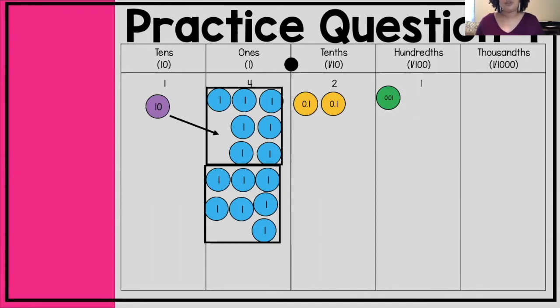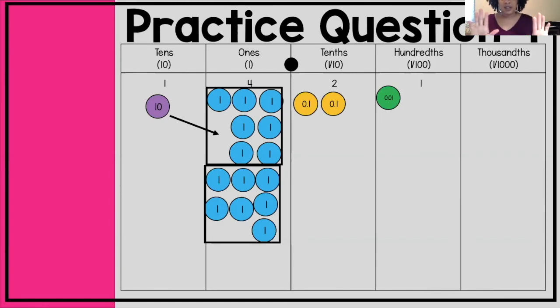Now let's move over to the tenths place. Can I make a group of 7 in the tenths place? Why not? Right, because I only have 2. I don't have 7. So let's rename my tenths as hundredths. Now, 1 tenth is equal to how many hundredths?